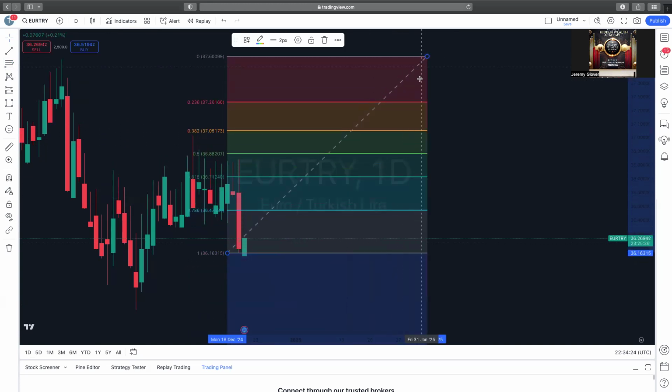And as you can see, we have the 0.23, 0.38, the 0.50, 50% retracement, the 0.618, 0.786, and so on and so forth to a whole point, the whole 1 point.